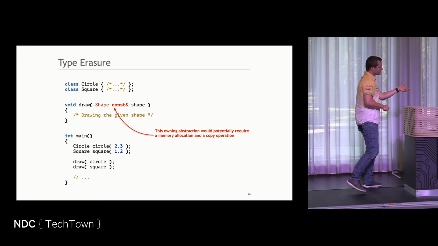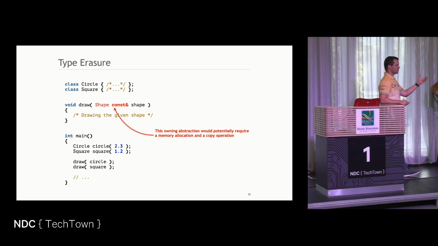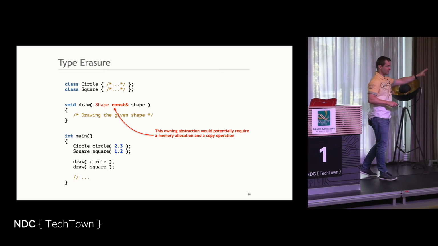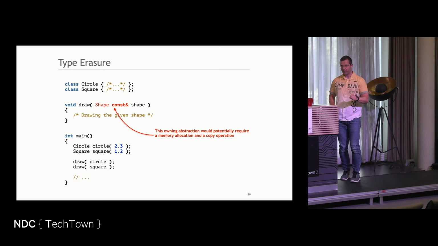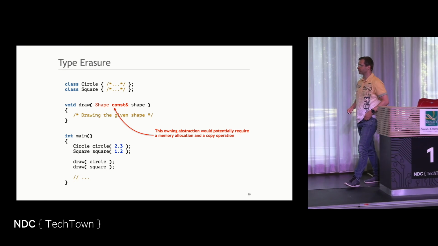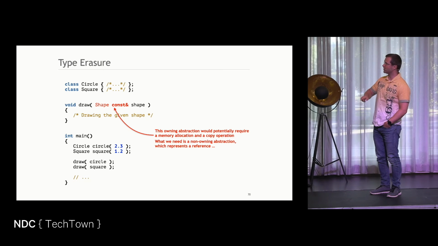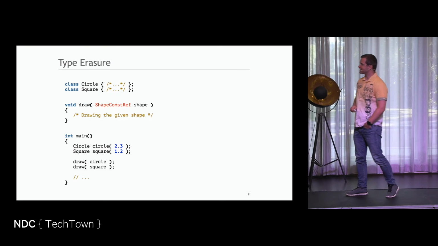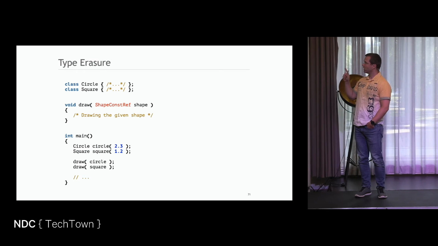What you might be interested in might be more like a type in the direction of a string view. Something that represents the thing but doesn't do a copy. Something that doesn't own, something that is way more lightweight and therefore does not cause a lot of overhead. So that's exactly what we now write. We write a non-owning abstraction, a non-owning type erasure wrapper.